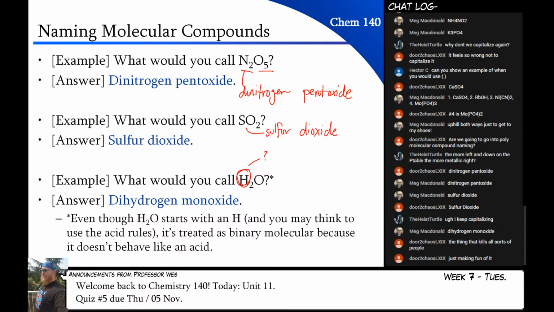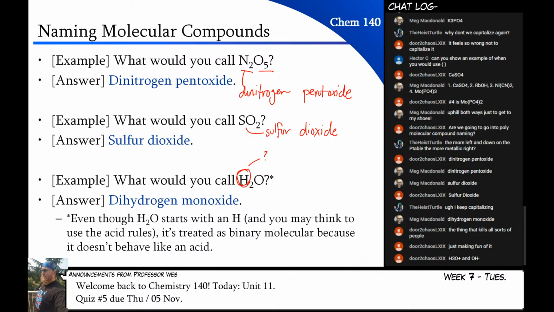And if you're a weaker base than water, you're defined as an acid. So water's kind of strange in that it just falls right on that category, and we had to just do something. So H2O is specifically the one example where H in the front does not refer to acid.